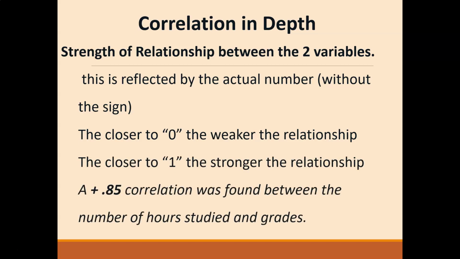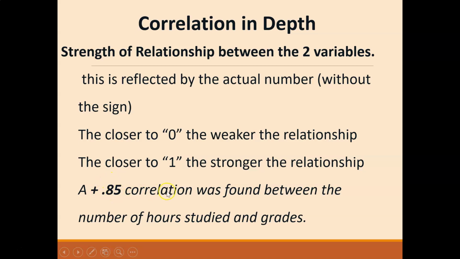And so we look at it as kind of like a bar from 0 to 1. If you look at 0 being at one end and 1 being at the other, if I have a 0.85, remember this positive sign doesn't mean anything right now because we're talking about strength. And the strength is only about the actual number, no sign. The sign means direction. So all we're looking at is this 0.85.